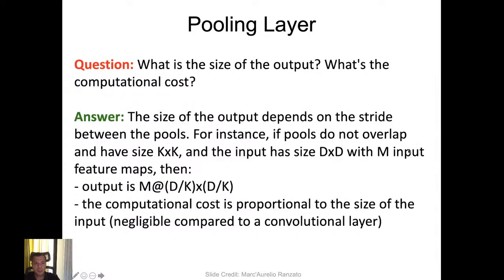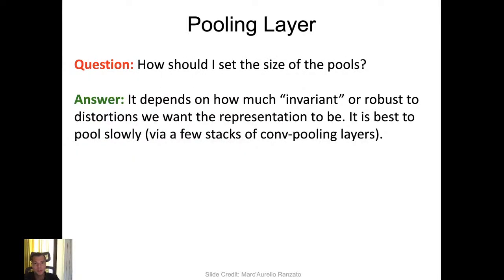And we keep the number of activation maps. So we have m activation maps, and their size will usually be reduced by k. Also the computational cost is proportional to the size of the input. Here we do not have any multiplications over the input, and also the pooling layer has no parameters to learn.